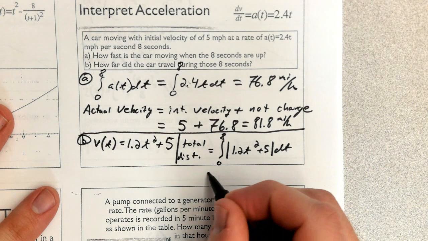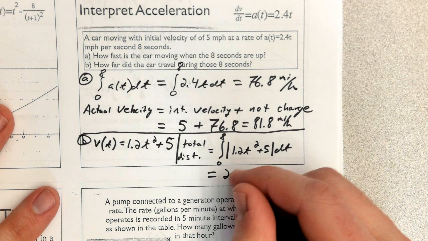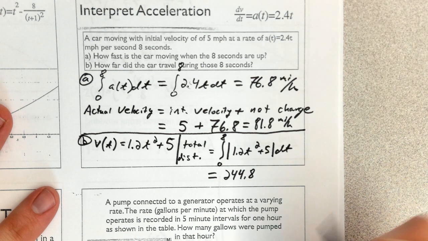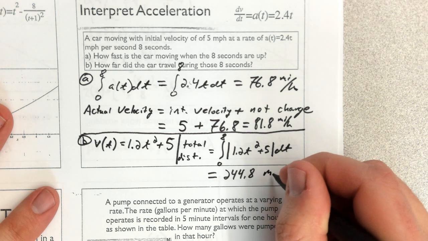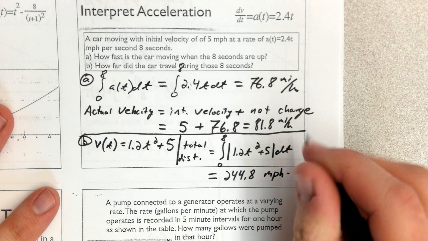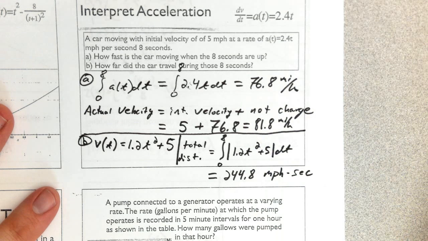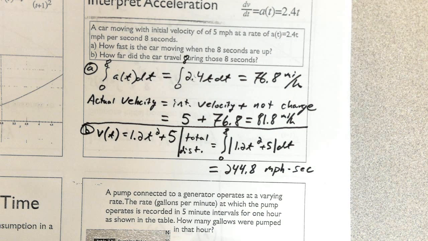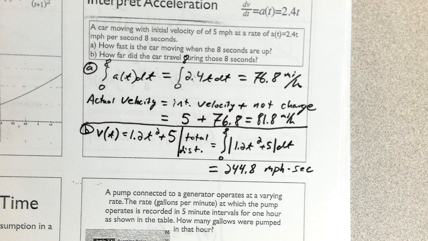And when you get that, you get 244.8. And the units here are sort of weird. They're going to be miles per hour times seconds. Okay, we can do a unit conversion to get this into distance. I thought in previous years I'd written that down in my notes.